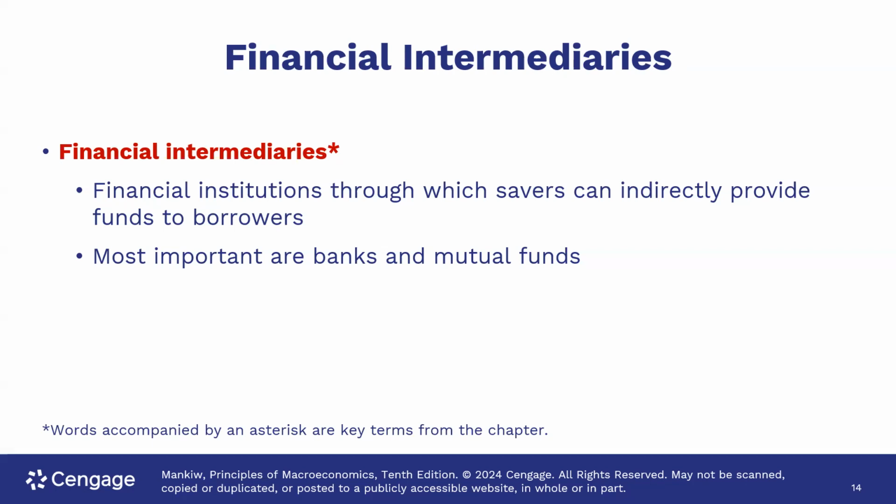So for the bond, we have the borrower and lender. The lender normally is a saver, and the borrower is a person who actually needs the funds. And in the stock market, it is almost the same case.